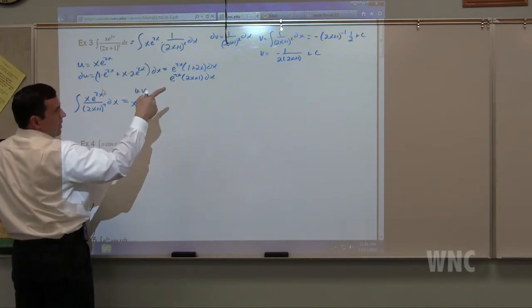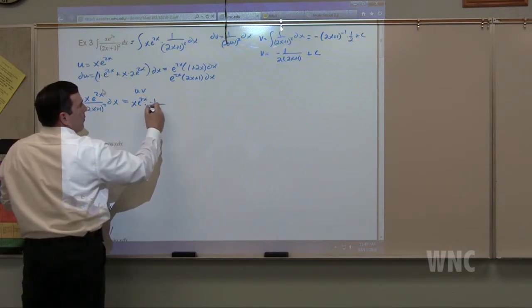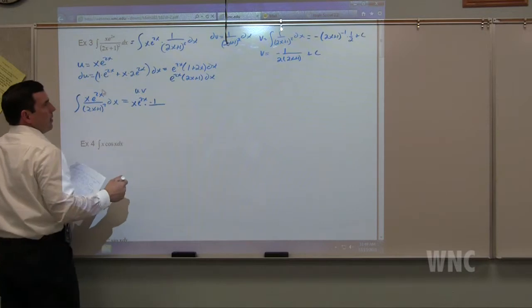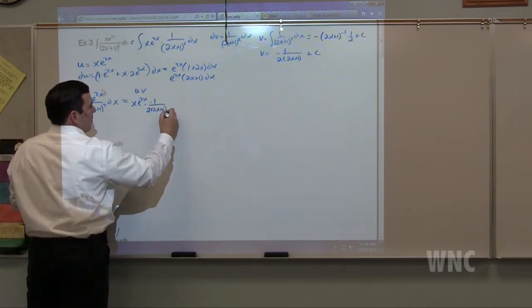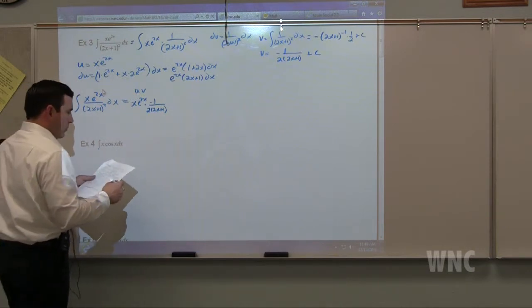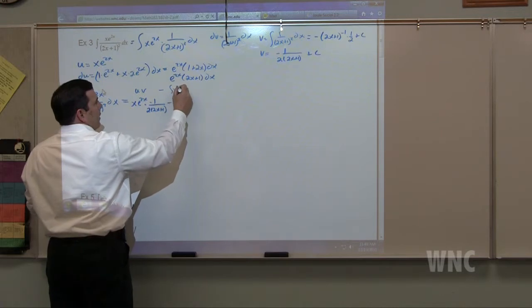Our v we said was negative 1, so times negative 1 over 2 times 2x plus 1 minus the integral of v du.